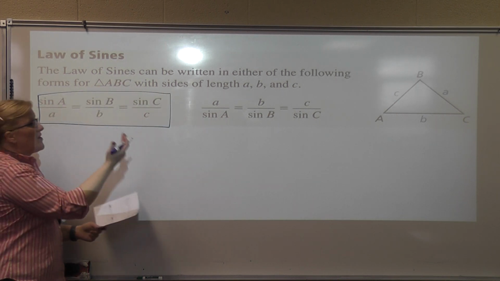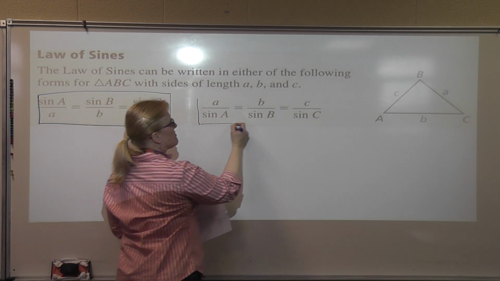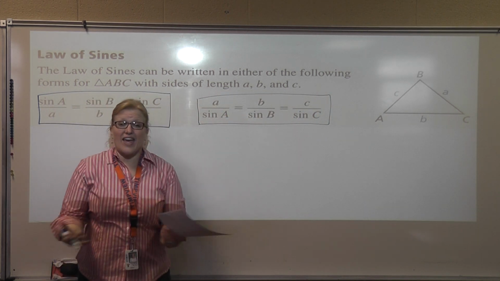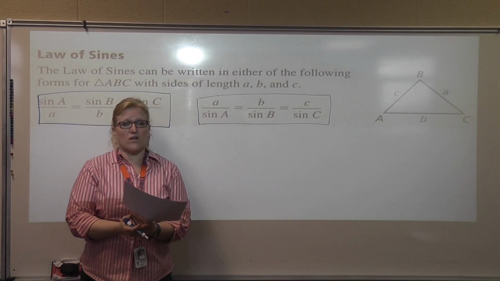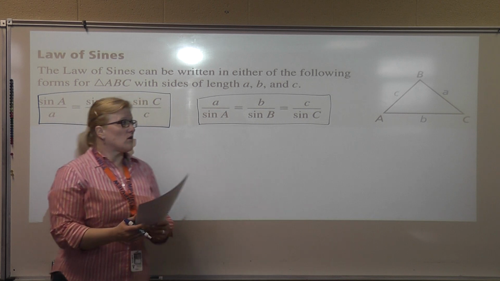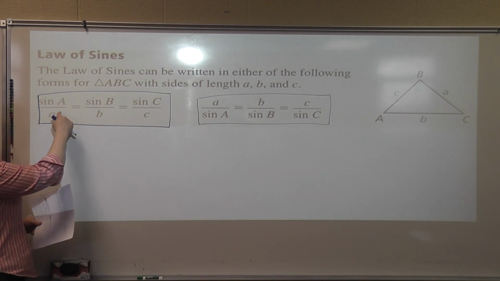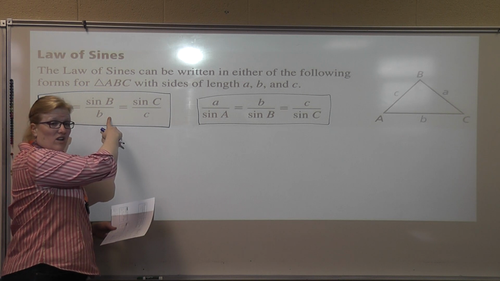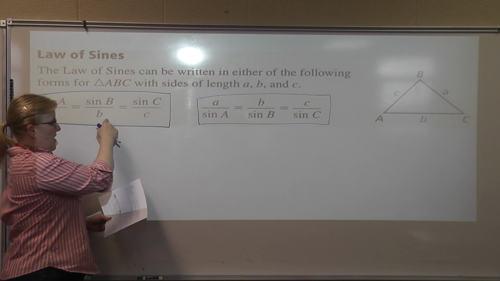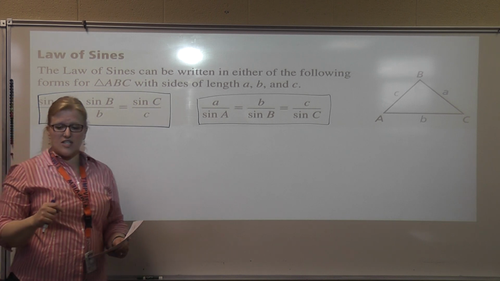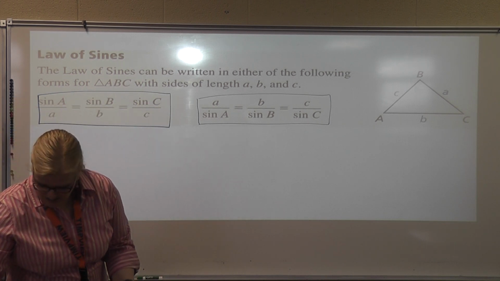And since it can be like this, I can also flip it. The A's go together, the B's go together, and the C's go together. And they make a fraction. So sine of A over the length of A is the same thing as the sine of B over the length of B, of that side. And sine C over C. So let's look at some examples.